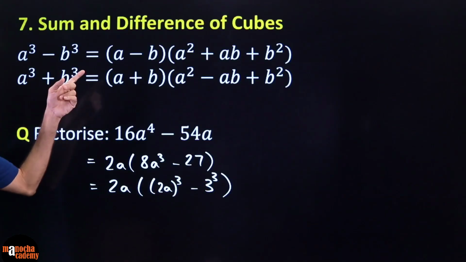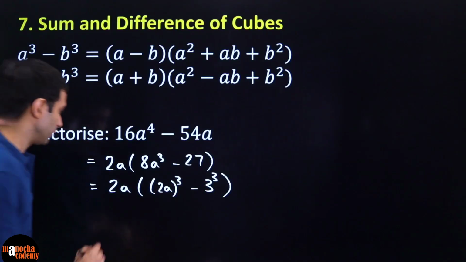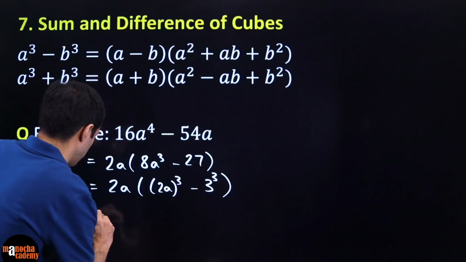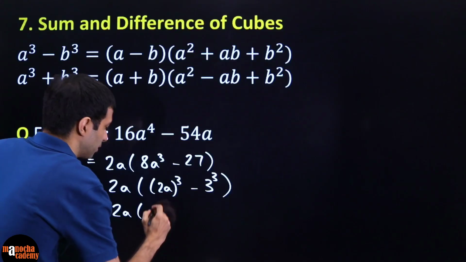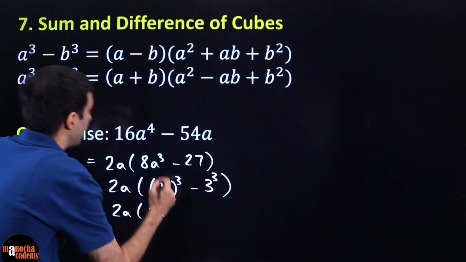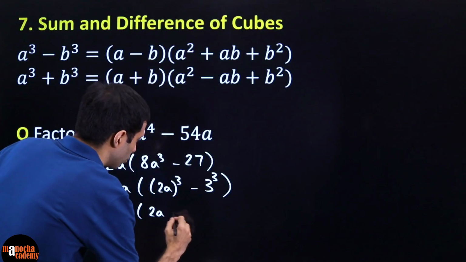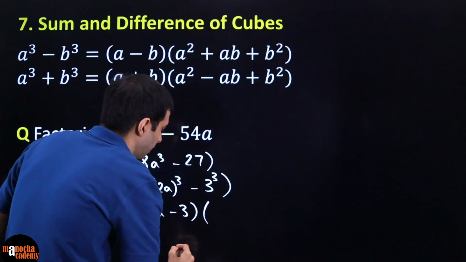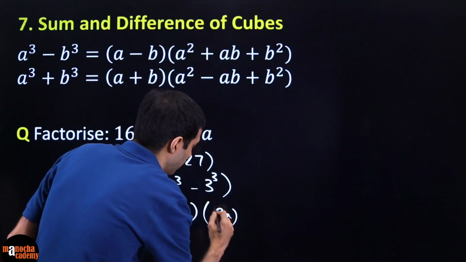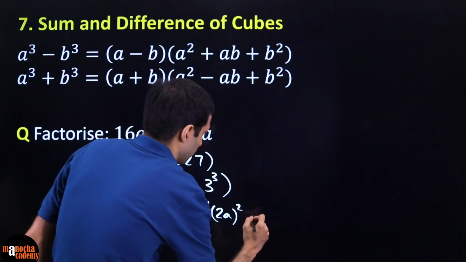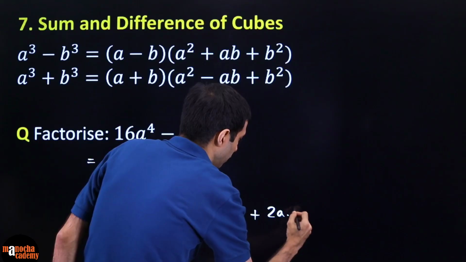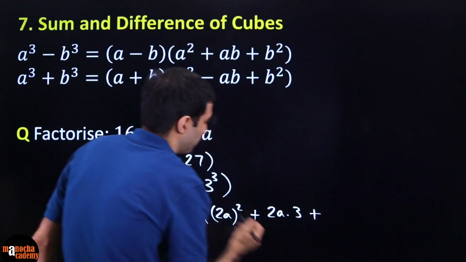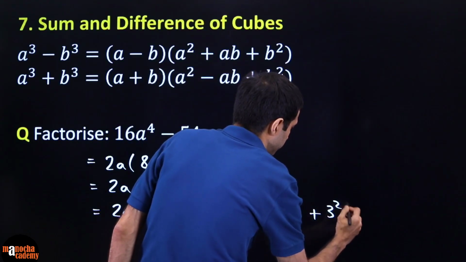So which identity can we go for? a cube minus b cube. Let's apply that. This is going to be 2a times, a cube minus b cube is (a minus b) times (a square plus ab plus b square). So (2a minus 3) times ((2a) square plus 2a times 3 plus 3 square).